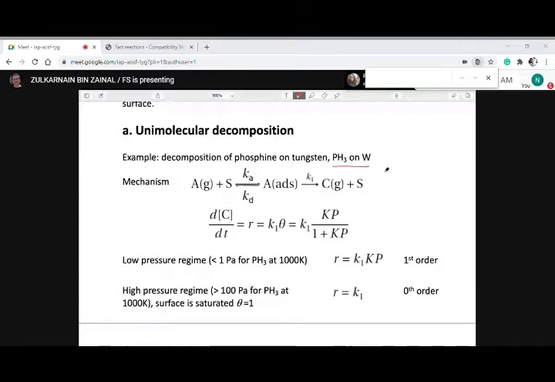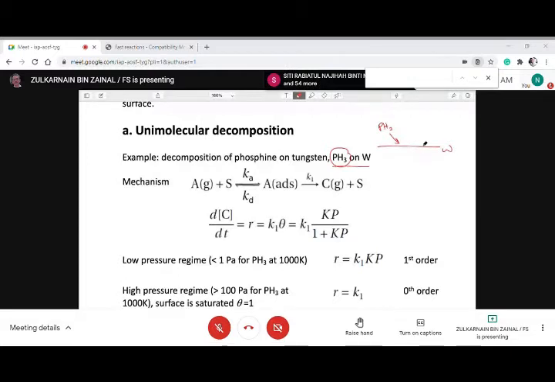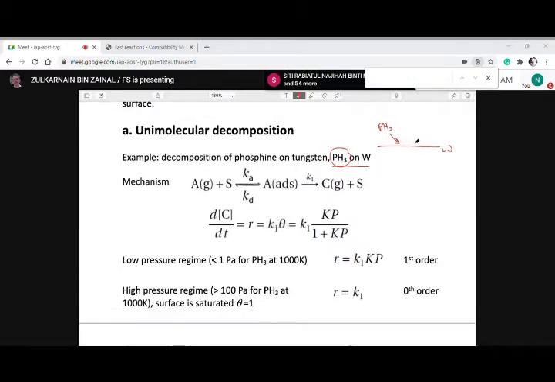This is a type of unimolecular reaction because we have only phosphine going to the surface of tungsten, only one type of molecule. So that's why it is a unimolecular process. The reaction occurs, with diffusion, reaction, and so on, and release of the product of the reaction.